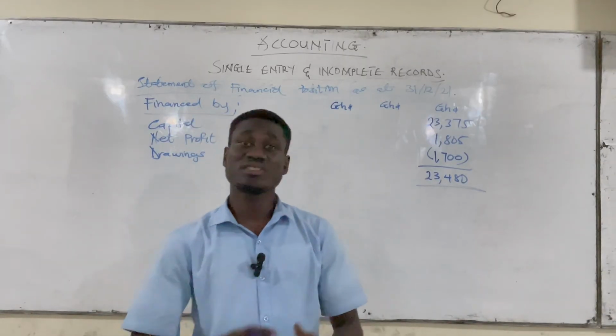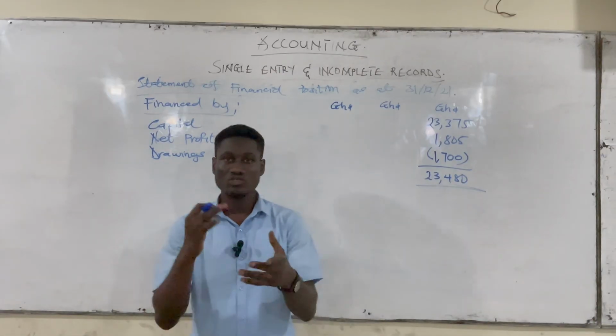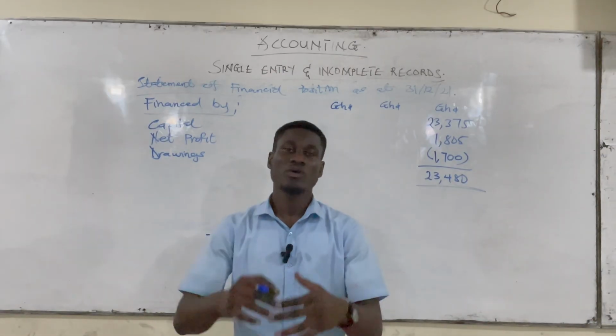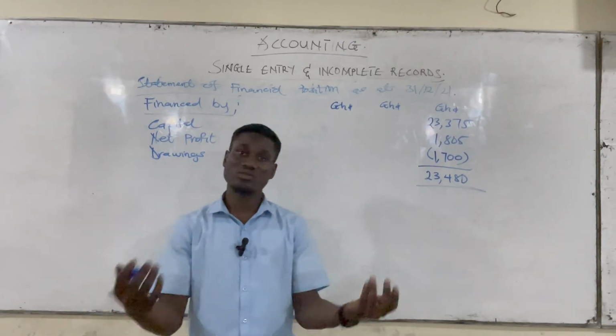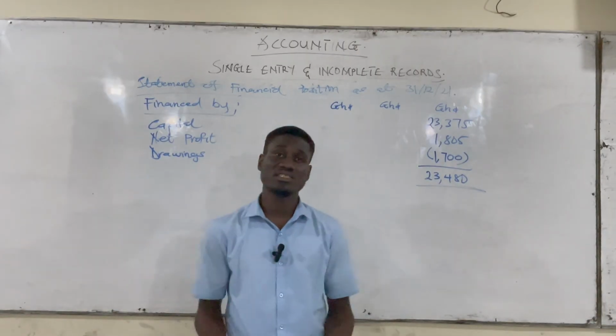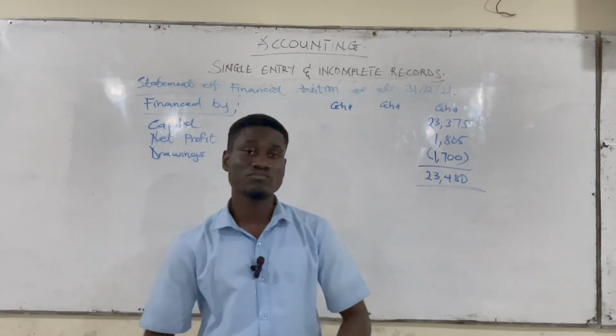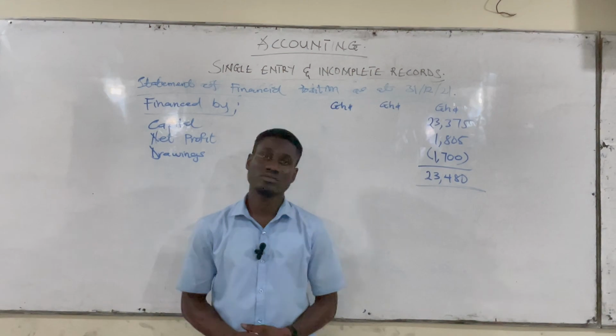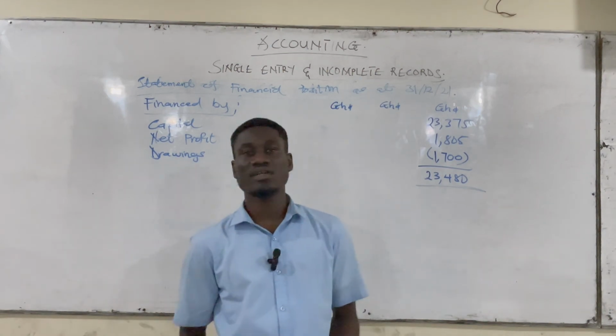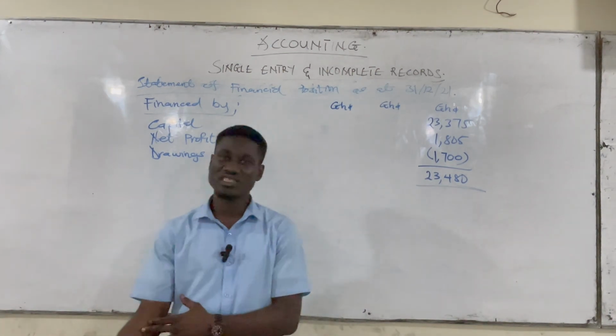So this is the solution to the question. You first have to find your statement of affairs to get your opening capital. You draw up your cash book if there were any cash transactions in the question. You open your debtors control account to find your credit sales, and you also open your creditors control account to find your credit purchases.